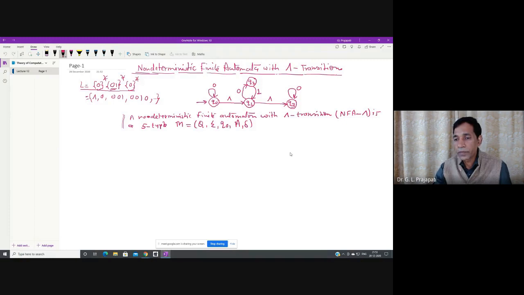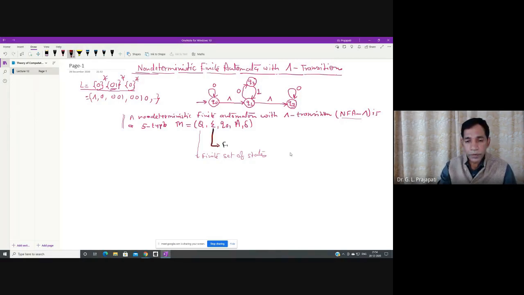So NFA-Null is a 5-tuple M = (Q, sigma, Q0, A, delta), where what is Q? Here Q is the finite set of states. The sigma is the finite set of input symbols, meaning alphabet.